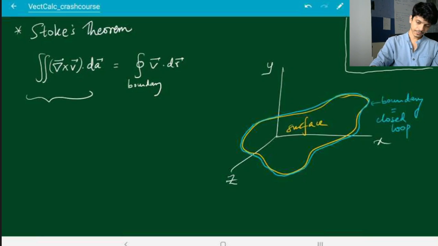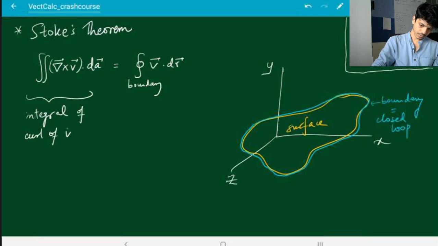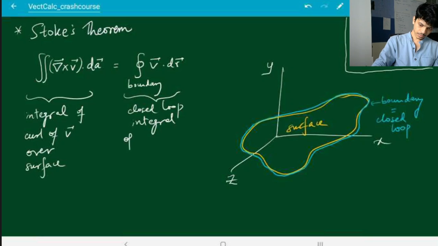On the left hand side, you have an integral of curl of v over a surface, and on the right hand side you have a closed loop integral of v over the loop that bounds the surface.